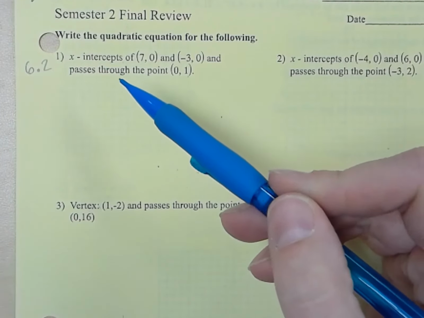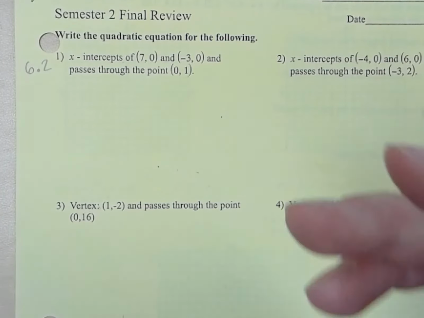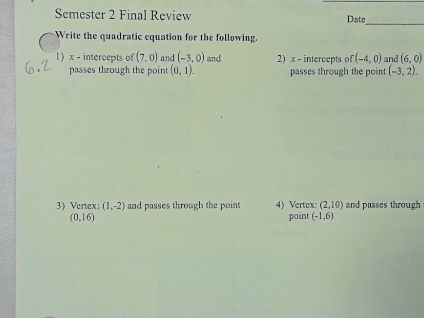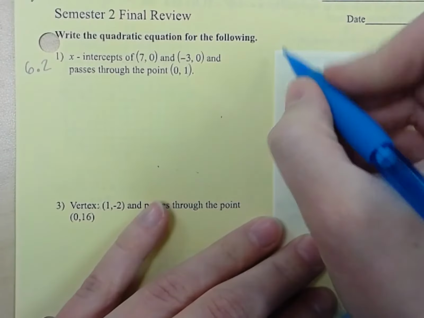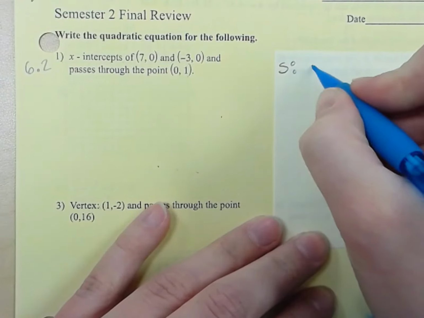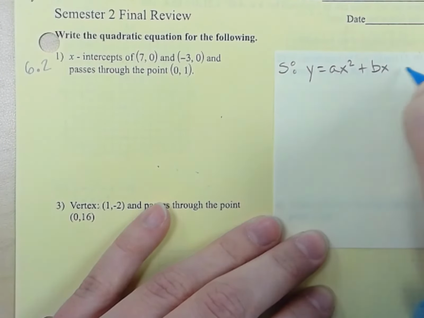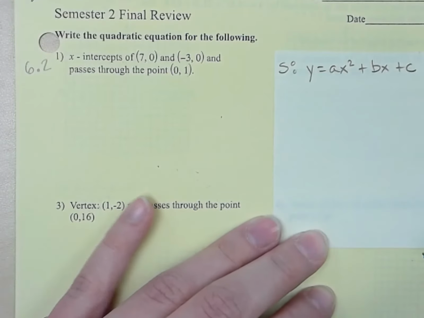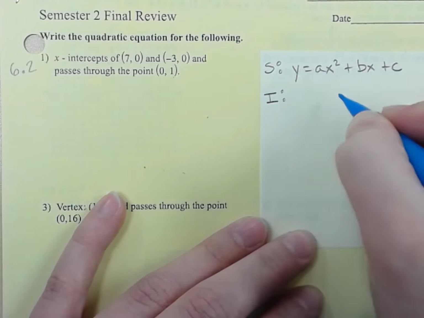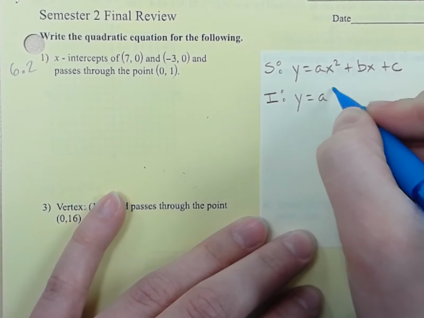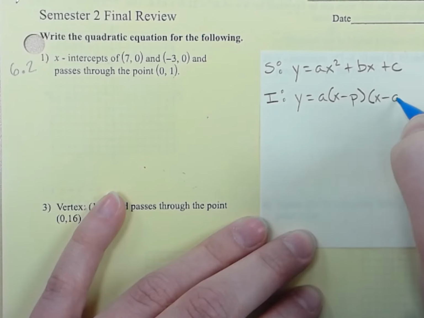Well, for this we're going to need to know which form of a quadratic to use. If you remember, there are 3 forms of a quadratic. We have standard form, which was y equals ax squared plus bx plus c. We have intercept form, which is y equals a times x minus p times x minus q.